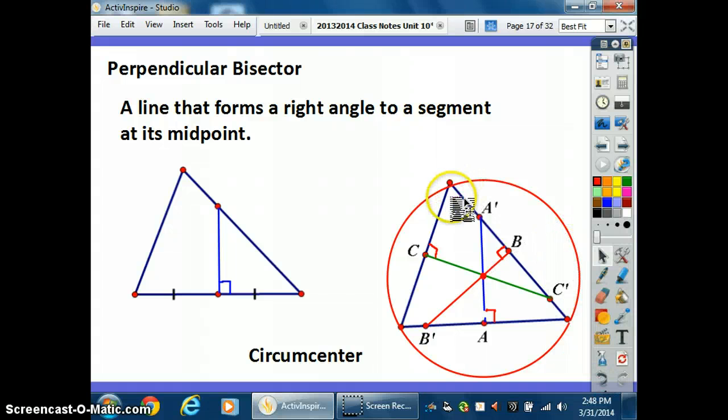Well, I'm a little off there, but that was the center of the circle. It circumscribed the triangle.